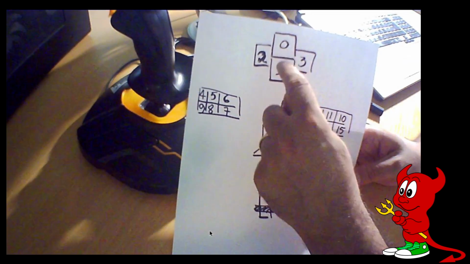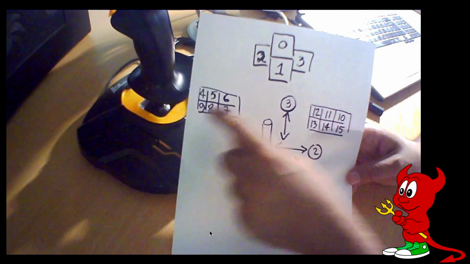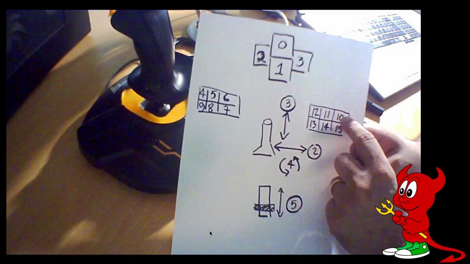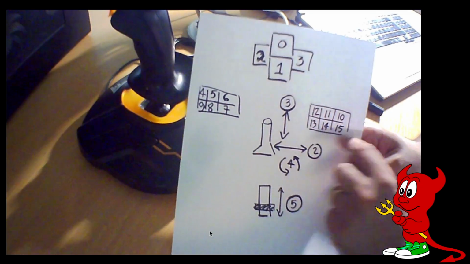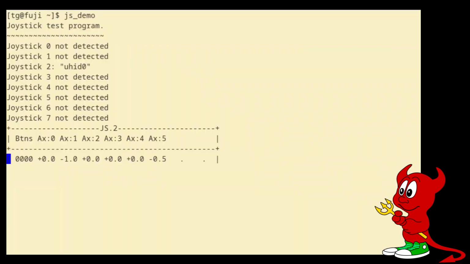Let's see, this, and then in this direction, down that direction, then starts here, goes here, then here, there. So let's just see that the numbers are all matching correctly. So I'll press 0, 1, 2, 3, 4, 5, 6, 7, 8, 9, 10, 11, 12, 13, 14, 15.